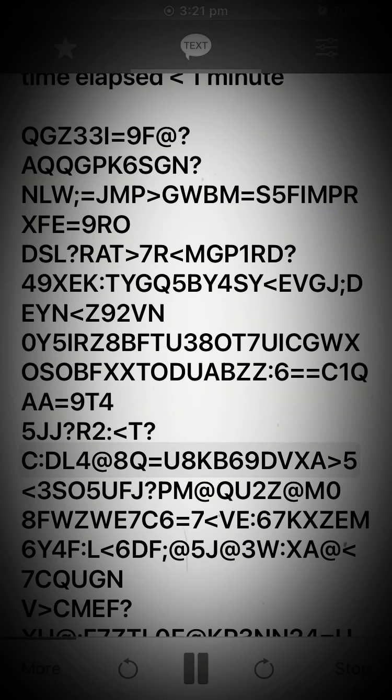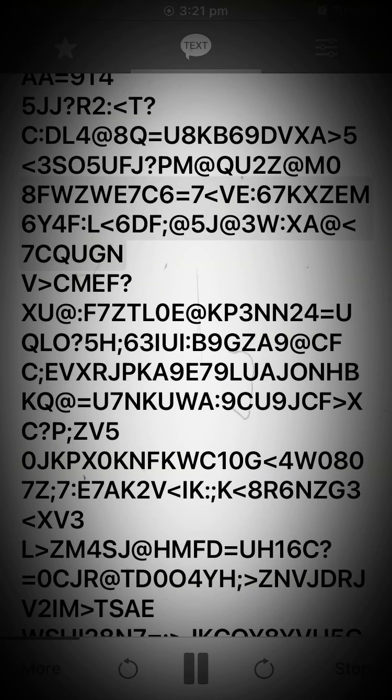T. C. DL4 at 8Q equals U8KB69 DXR. 5 is less than 3 so 5 UFJ. PM at Q2Z at M0. 8 FZ7C6 equals 7. V67 XM6Y4F. L. 6DF. At 5J at 3W. ZA at 7 Kun. V. TMF. SU at F7ZTL0E at KP3NN24 equals UCLO. 5H. 63 IUI. B9GZA9 at CF.